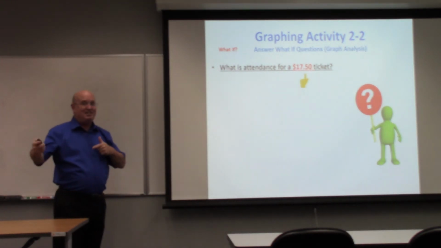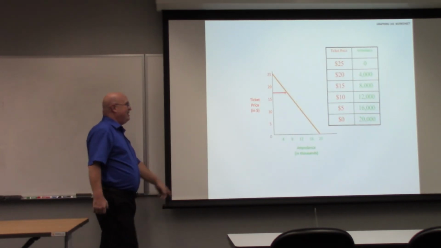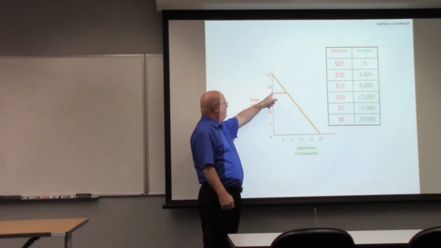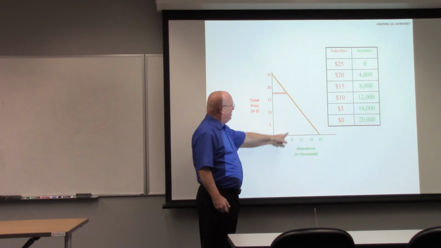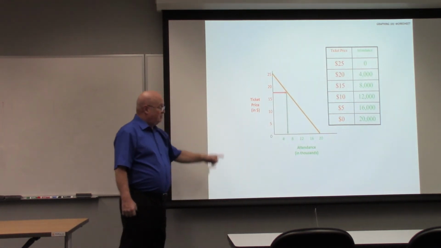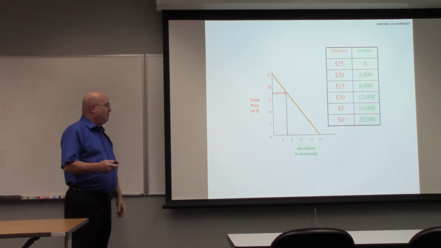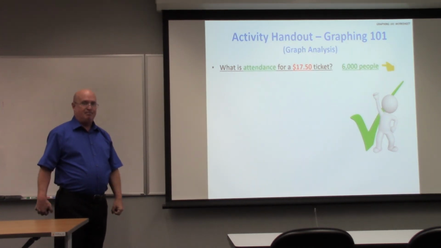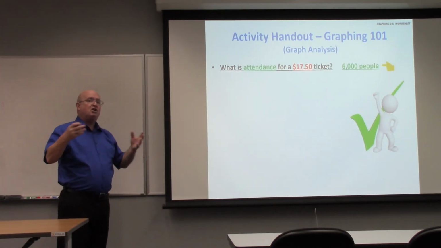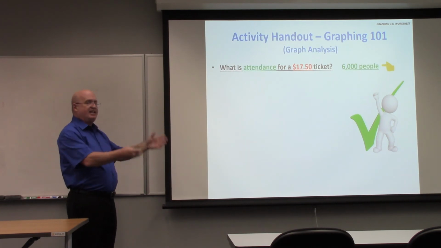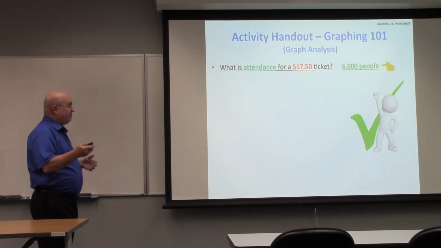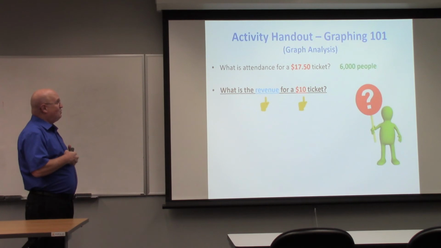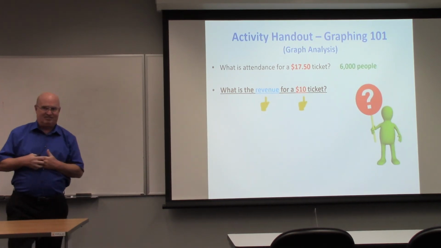And remember, I said don't do that. What you wanted to do is go halfway between 15 and 20, come over and come down, which would be halfway between 4 and 8, which would mean we'd have 6,000 people showing up. Again, use the graph, not the table. Okay, what is the revenue for $10 a ticket?